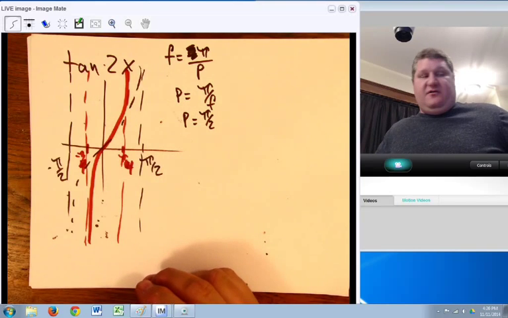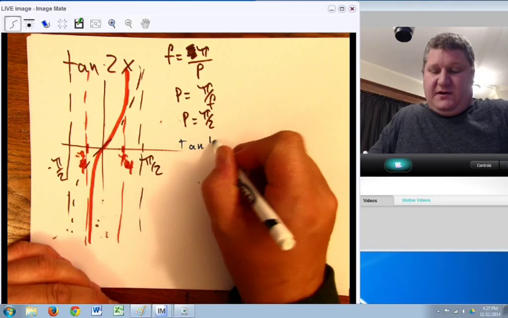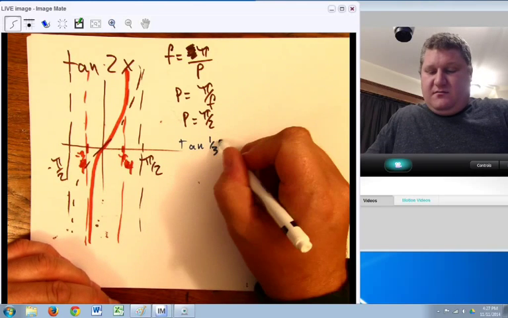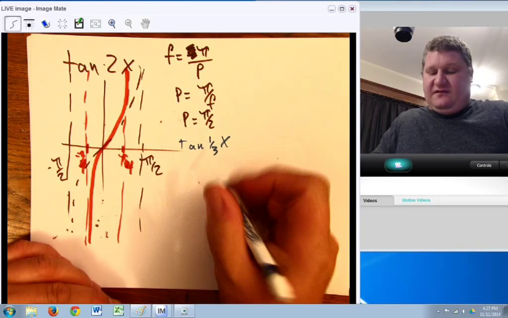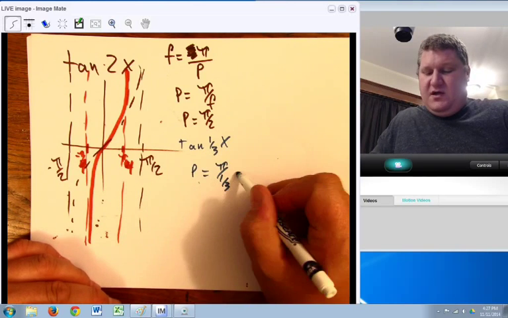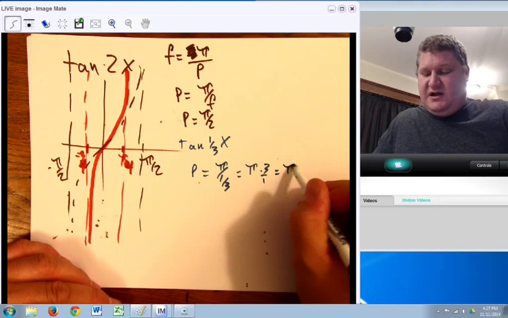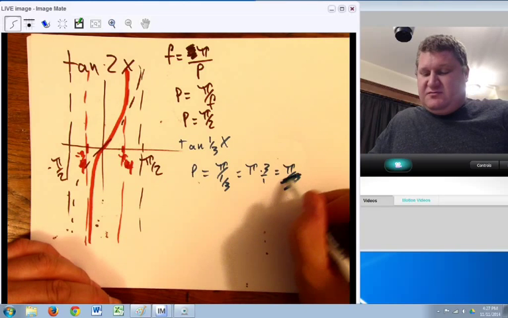If, on the other hand, we were to have tangent of 1/3 x, that means period is going to equal pi over 1/3, which is the same thing as saying pi times 3 over 1, which is 3 pi.